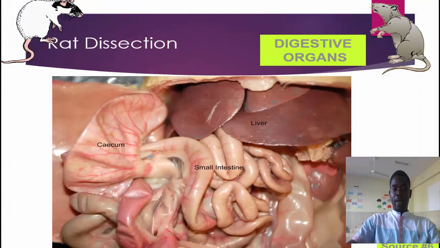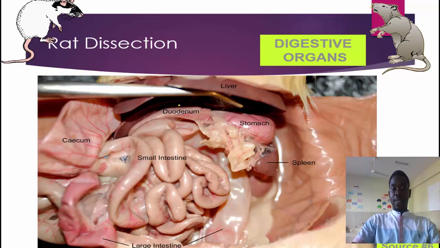These are some of the organs found in the digestive system of a rat. Okay? So we have the liver, which is the largest part. We have the stomach, which is in between here. We're going to see it later, this region. We have the small intestine, the coiled tube. We also have the cecum. Okay.